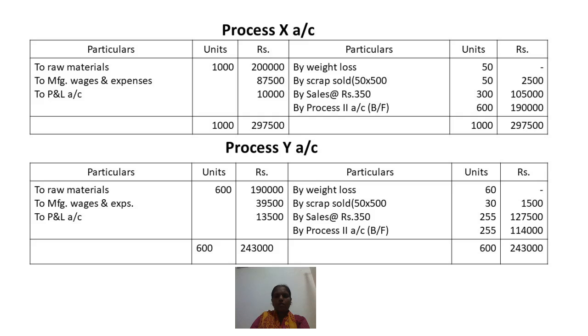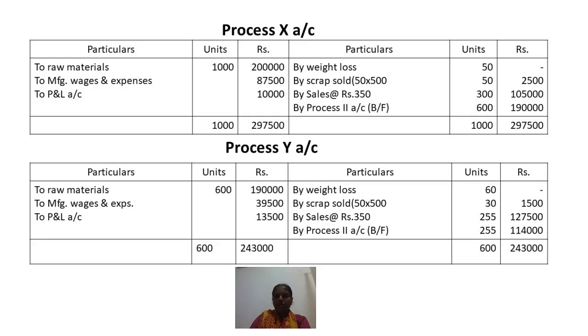Then from process X to Y, raw materials 800, we get units 600. So for that 10% is taken as weight loss.